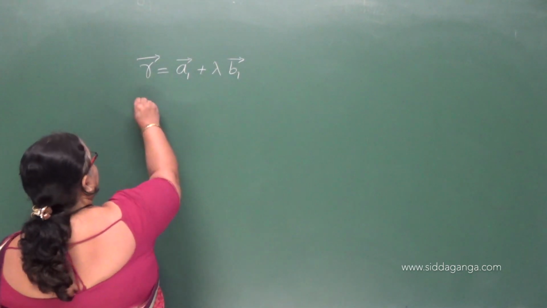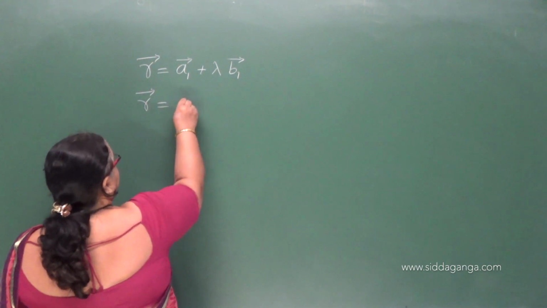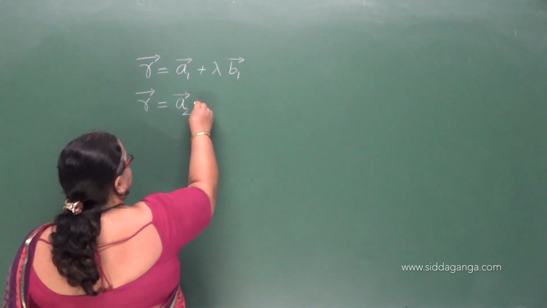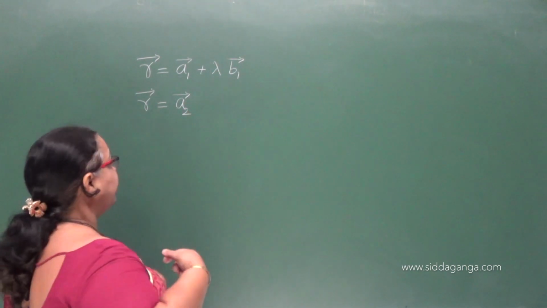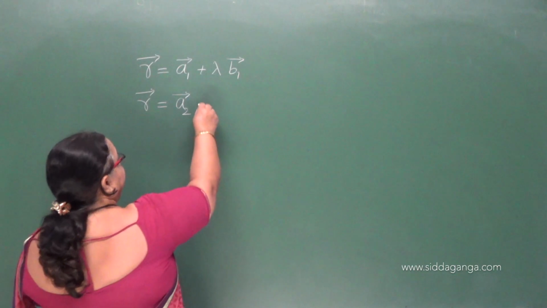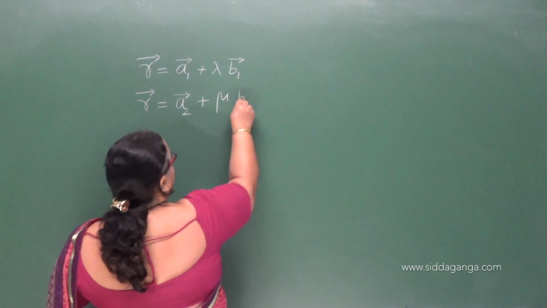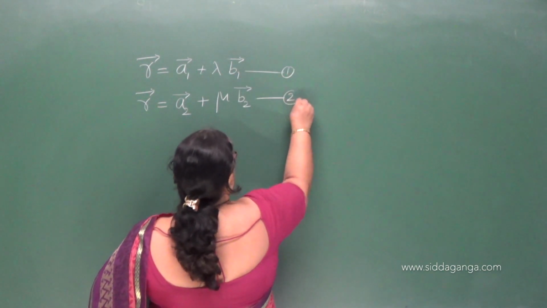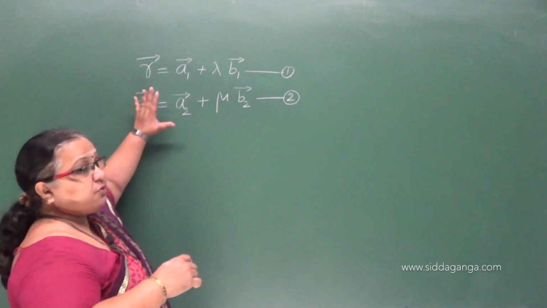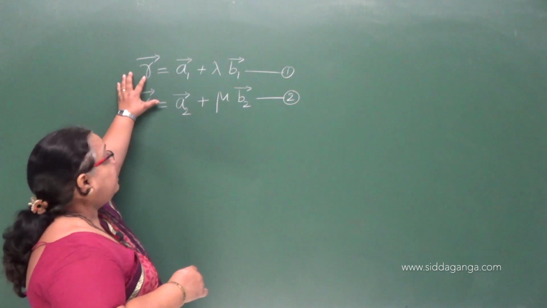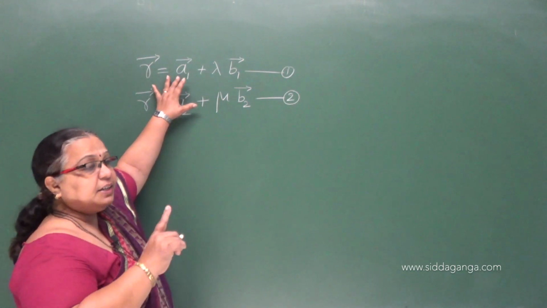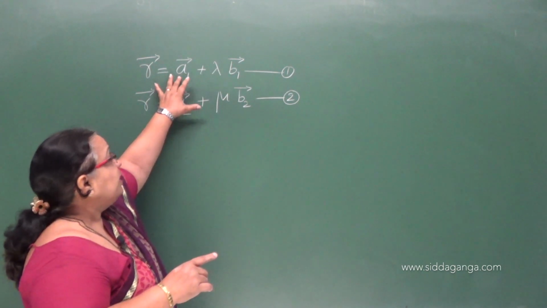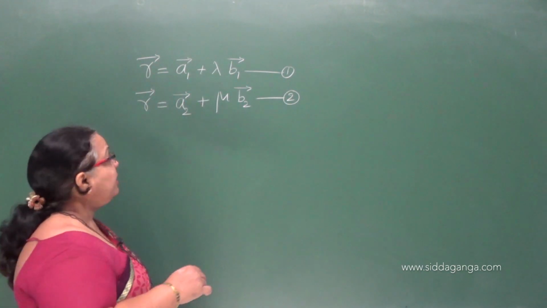And you take another line equation, where again in the same form it passes through the point B whose position vector is taken as vector a2 and it is parallel to vector b2. So line 1 passes through the point A whose position vector is taken as vector a1 and it is parallel to vector b1.